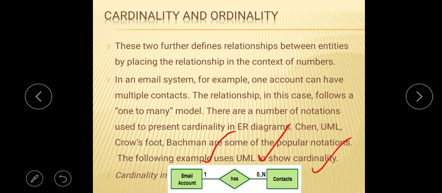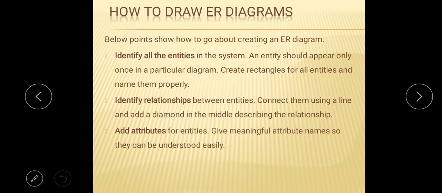Now again, if we come back to our slides, we'll get how to draw ER diagrams, and this is very important. Now these points will show how to draw or how to create an ER diagram. First of all, identify all the entities in the system. An entity should appear only once in a particular diagram.